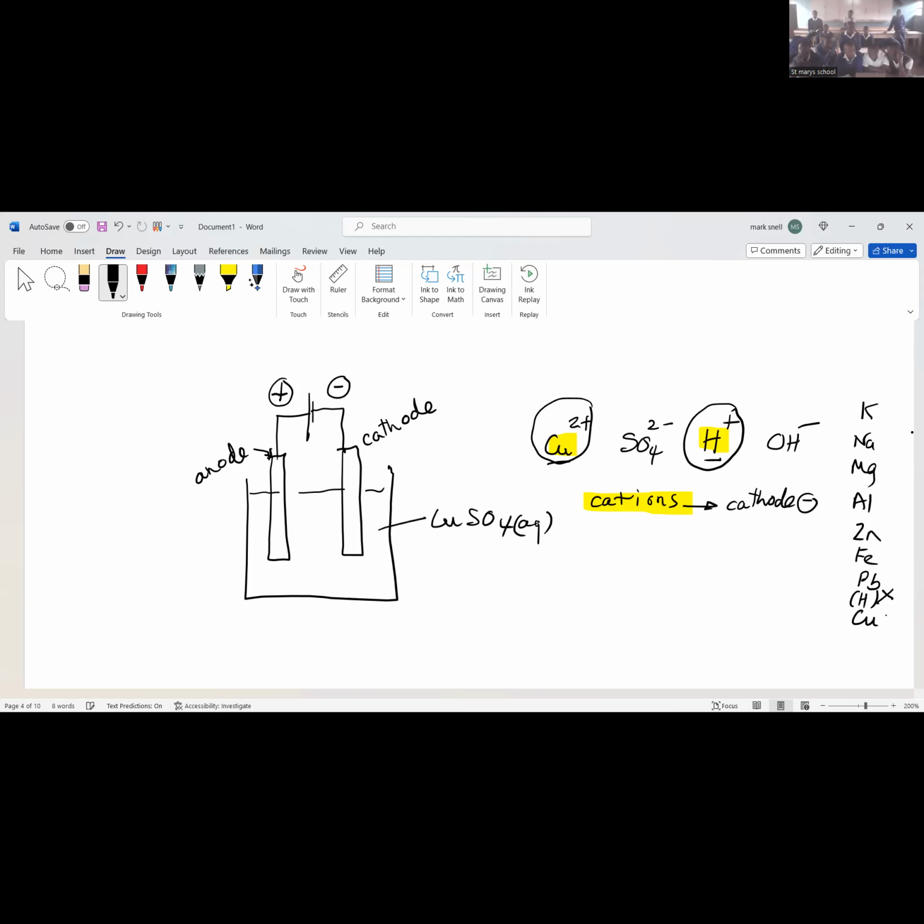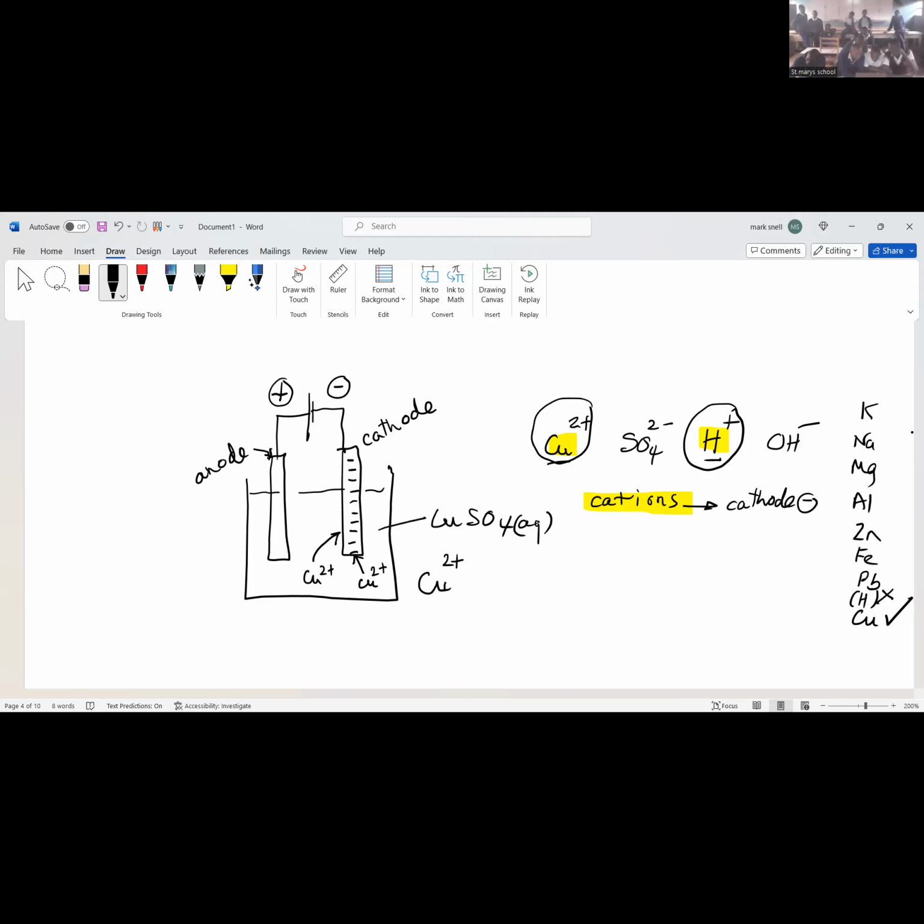So it's not the hydrogen, it's the Cu2+. So the Cu2+, which is in here, will be attracted towards the cathode. So all of the Cu2+ will be attracted towards the cathode. Now the cathode is negative, so it is full of electrons, lots and lots and lots of electrons.